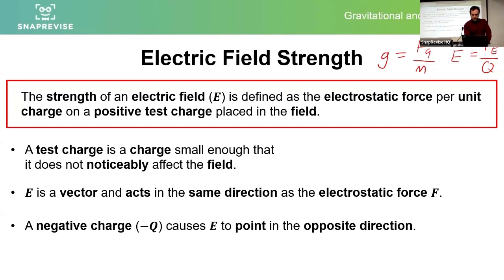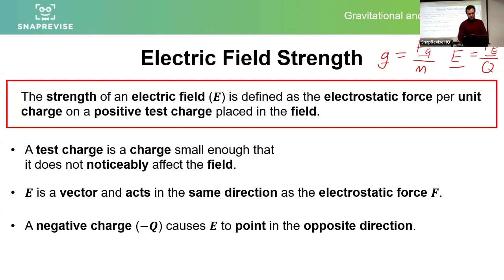E, our electric field strength, like g, our gravitational field strength, are both vectors because they are equal to vector forces per unit scalar, if you get what I mean. We have forces, which are vectors, and we're just dividing them by scalar quantities. So the resulting quantity is itself a vector, and it acts in the same direction as the electrostatic force F.